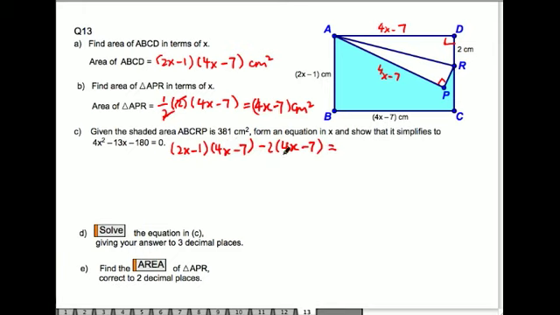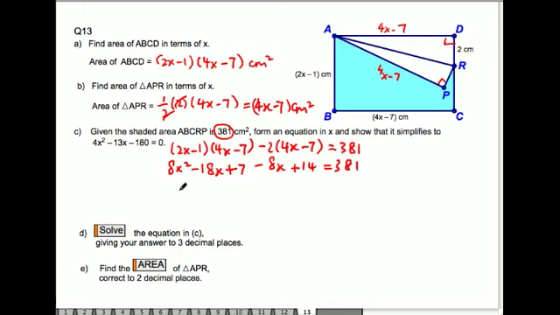Rectangle minus the two triangles gives the shaded area 381. Expanding this, we get 8x squared minus 4x minus 14x plus 7 minus 8x plus 14 equals 381.